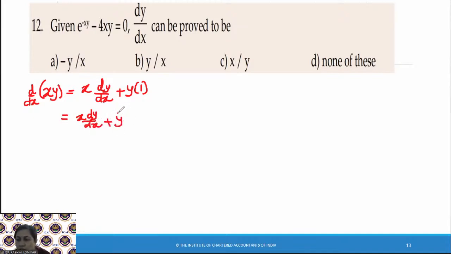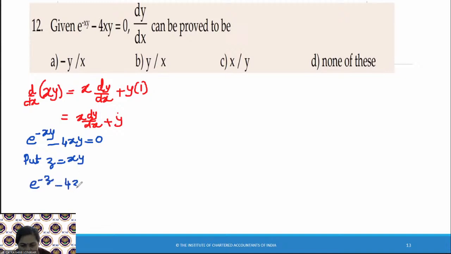Okay. So now what happens here is, so I have e raised to minus xy minus 4xy is equal to 0. Okay. So if I put z is equal to xy, I will get e raised to minus z minus 4z is equal to 0, right?